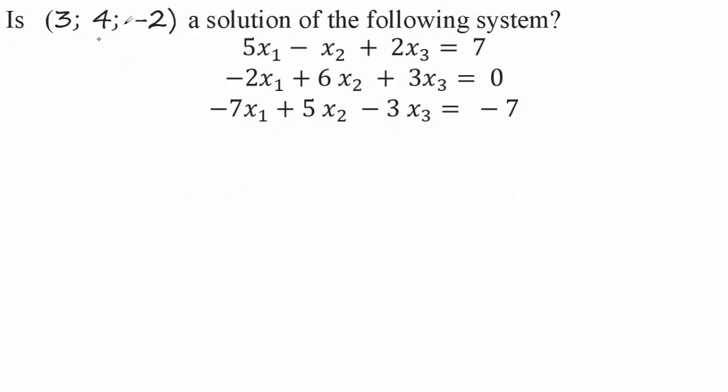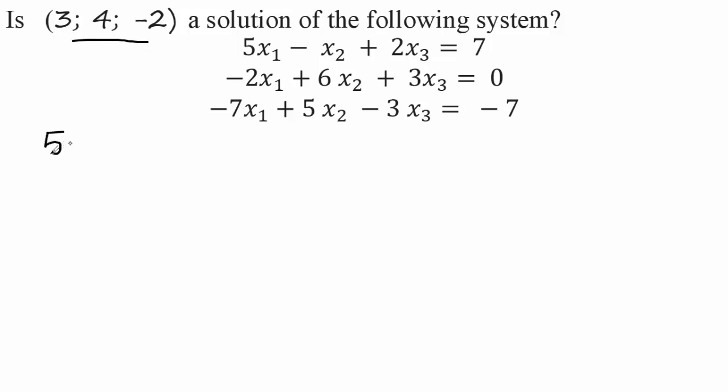Now, one example: is (3, 4, -2) a solution of the system 5x1 - x2 + 2x3 = 7, -2x1 + 6x2 + 3x3 = 0, -7x1 + 5x2 - 3x3 = -7? We shall substitute the values: x1 equal to 3, x2 equal to 4, and x3 equal to -2.